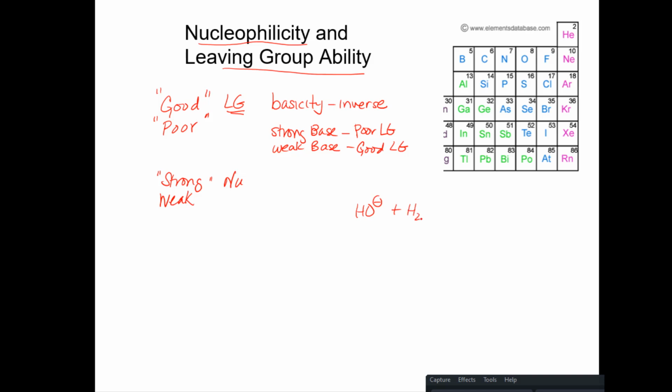Hydroxide completely reacts with water to form water and hydroxide. So a strong base then is going to be something that reacts with water to pull off a hydrogen. Now, what is something like a chloride or a bromide?